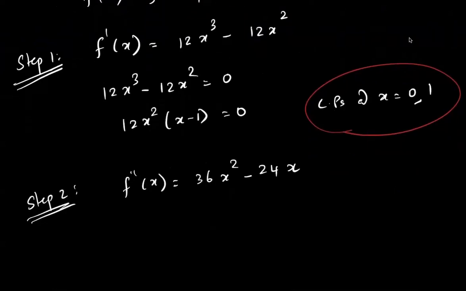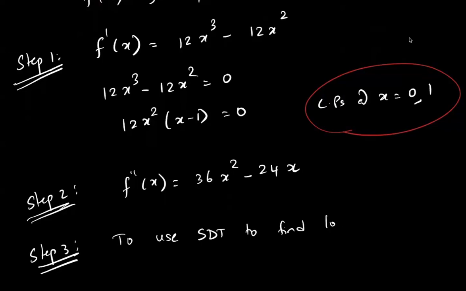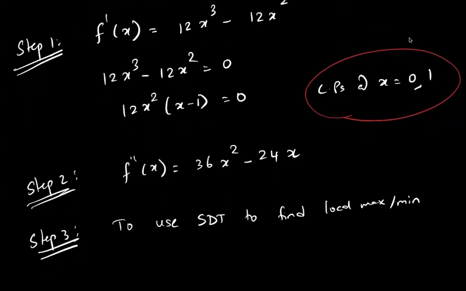So how do you use the second derivative test? To find local max or min, you will evaluate f double prime at the critical points you found from the first derivative test.